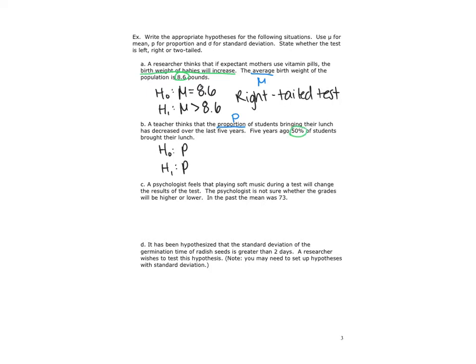That 50% is going to be our null value. But since our statement is about proportion, we have to convert that to a decimal. So p equals 0.5. And then the claim is that the proportion has decreased. So our alternative is p is less than 0.5. Because our alternative is stating that the parameter is less than a specified value, that makes this a left-tailed test.